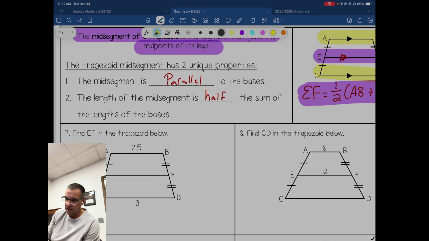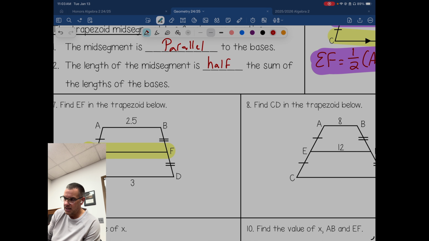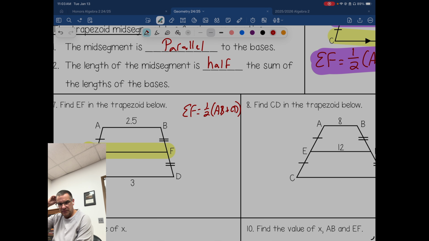So if we look at our first example, number 7, it says find EF. Well, EF is my mid-segment. So my mid-segment theorem tells me that EF has to equal 1/2 of AB plus CD. And I like to write the formula down every time because now I just use substitution.